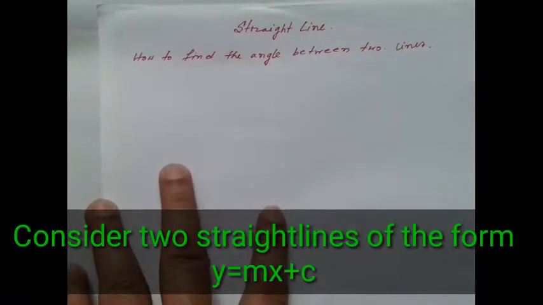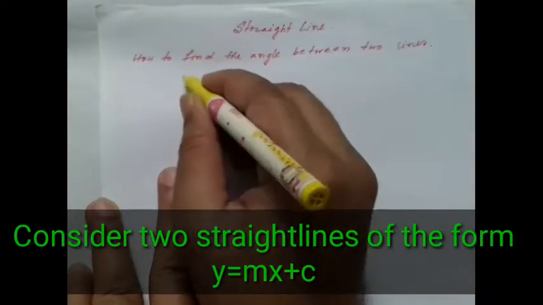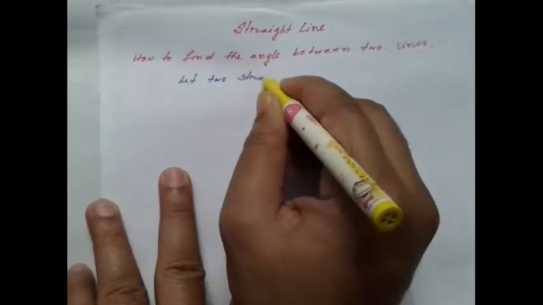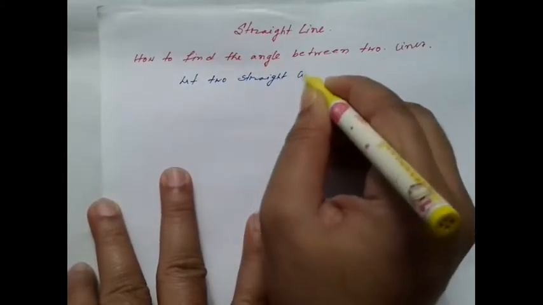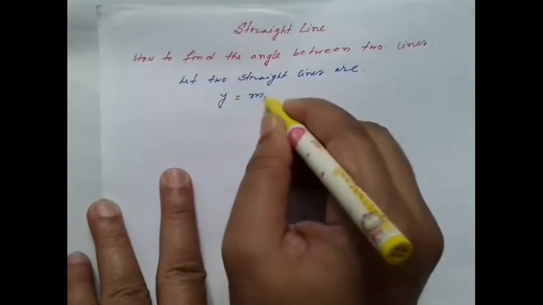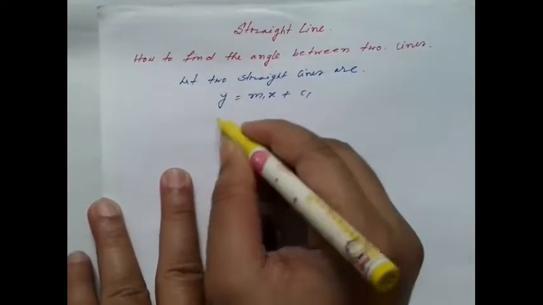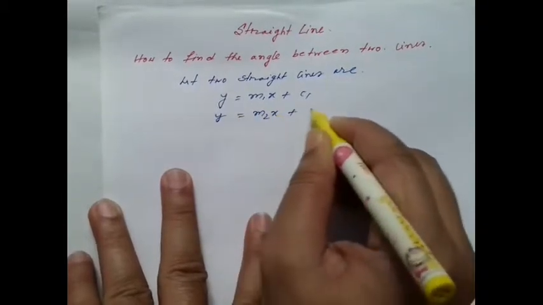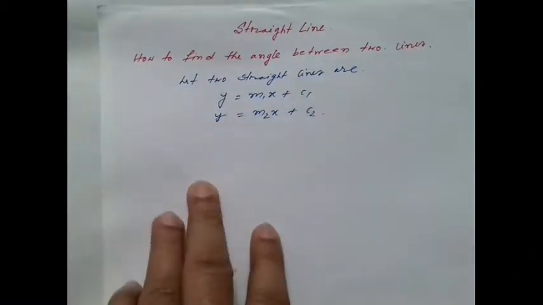We have to consider here the lines. Let two straight lines be y equal to m1x plus c1 and another one y equal to m2x plus c2.